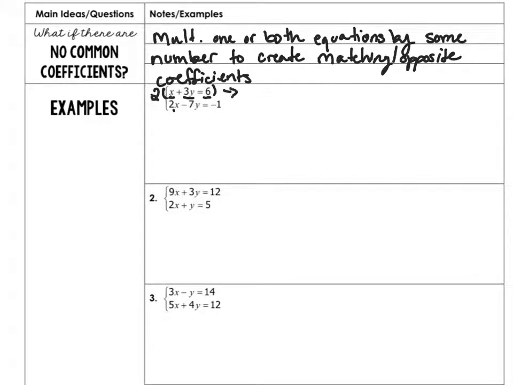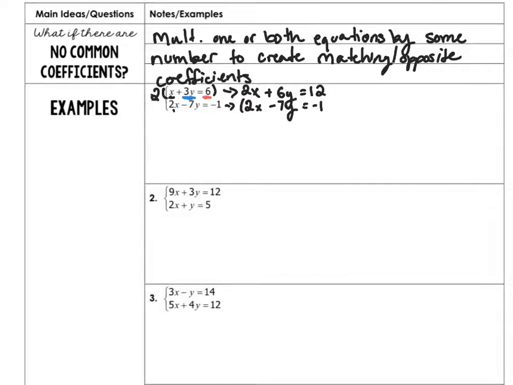We get 2x, then 2 times plus 3y equals positive 6y, and 2 times positive 6 is 12. Then we just keep the second equation: 2x minus 7y equals negative 1.